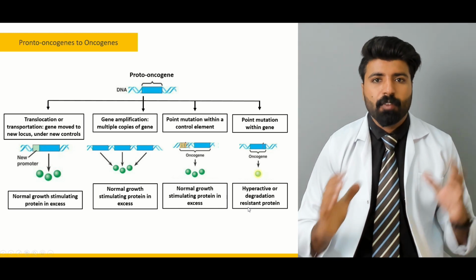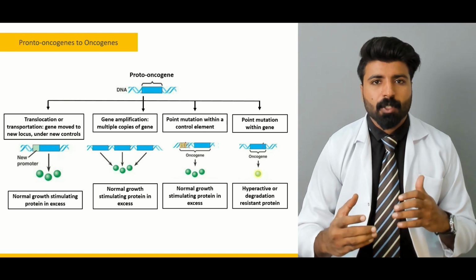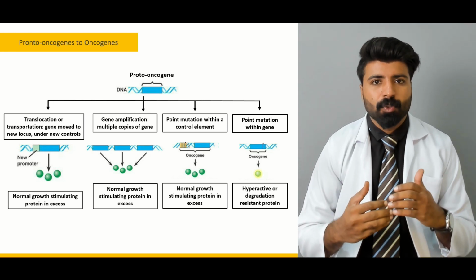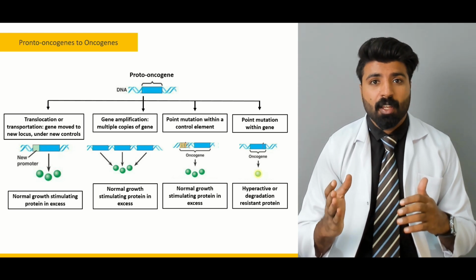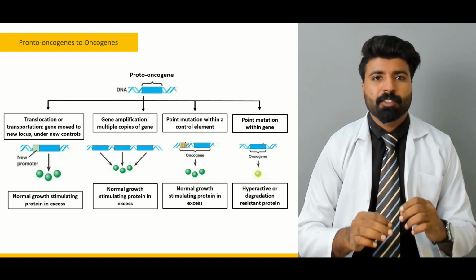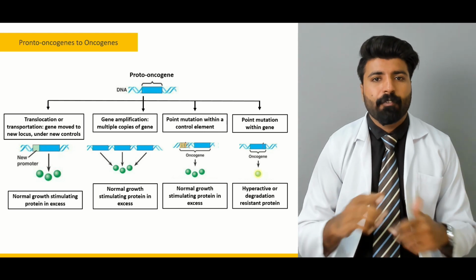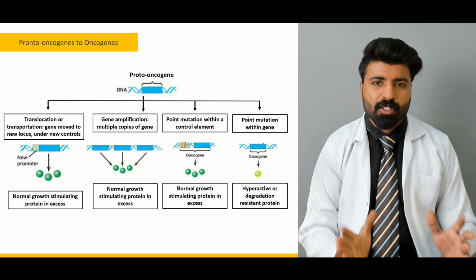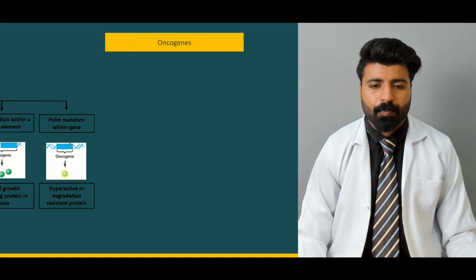Due to all of these mutations, more and more of these proteins will be produced, or in some cases oncogenes will be produced after mutation, and unregulated cell growth will happen. The cells will just grow and grow without any regulation, and they will start the formation of a cancerous cell or tissue in some cases.